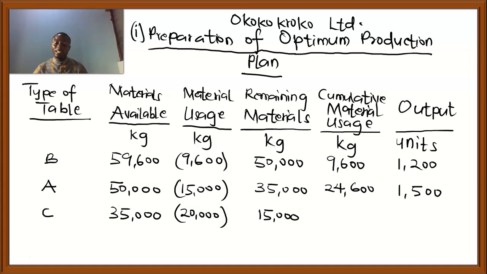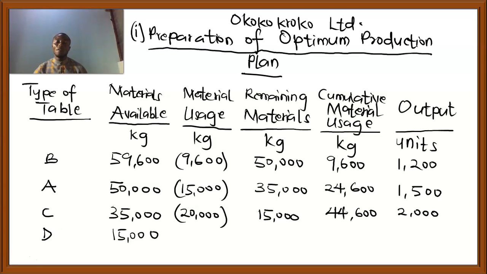So that cumulatively now we've used 44,600. If we use 20,000 of materials in manufacturing table C, we are going to produce a total of 2,000 units. Then the last table on the ranking is table D. Now the remaining materials is 15,000.